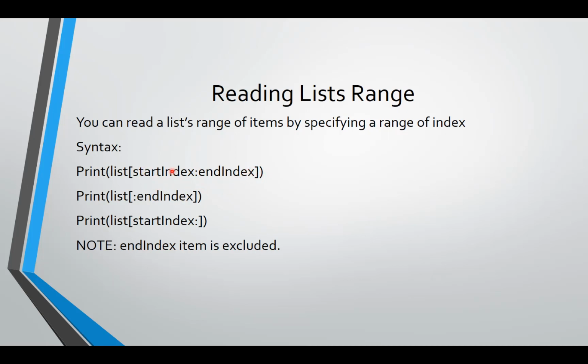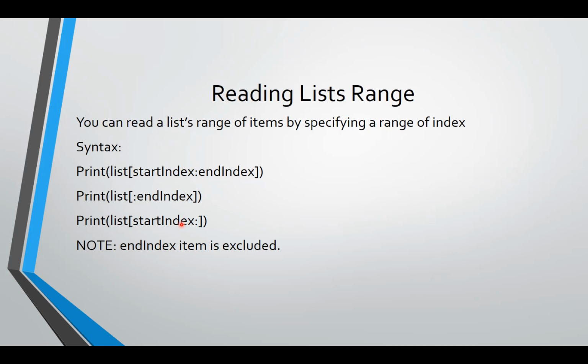The start index is where it begins reading, and the end index is where it ends. The second one is print, then list, then bracket again, then colon, and then end index, which means that whatever number we put after the colon, it will output from the beginning up to that end index.